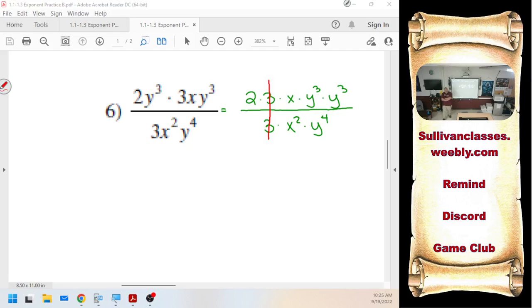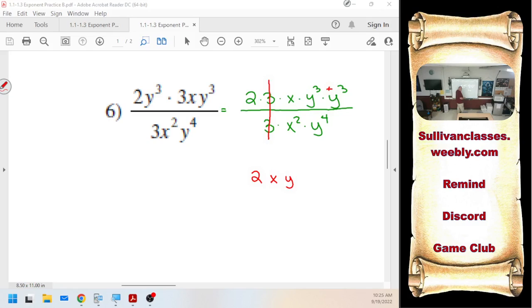What's something else we could do? Can I combine anything? Can I cancel it? Robert says up top, I see a pair of y to the thirds that can go together. So I'll call that 2x, y to the, what do you do with it?